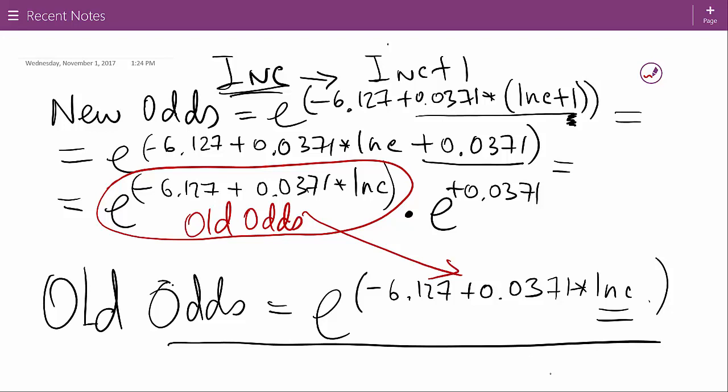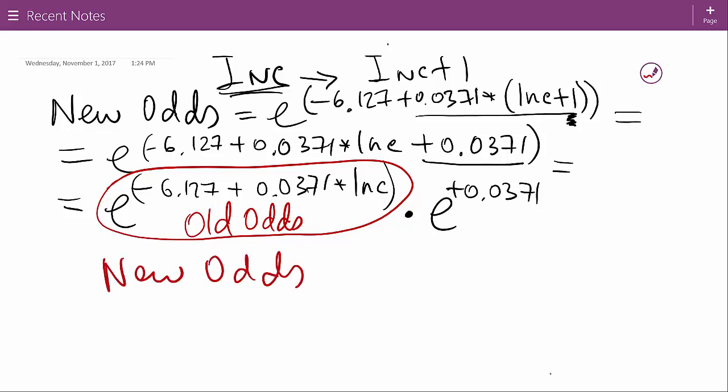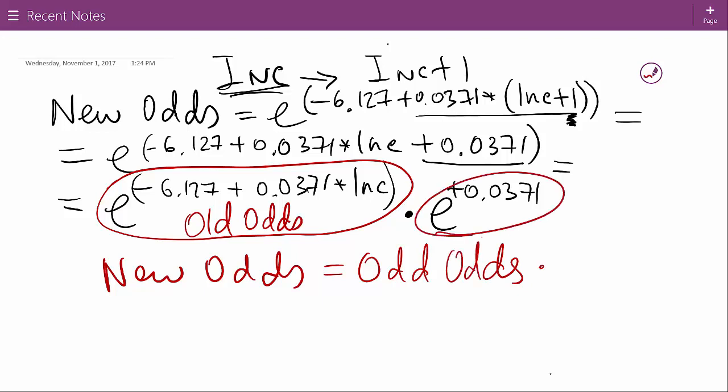All right. So ladies and gentlemen, here is the bottom line of it. It looks like my new odds of getting a loan after I got a raise of $1,000 from my employer are equal to the old odds multiplied by this numerical value, e to the power plus 0.0371.